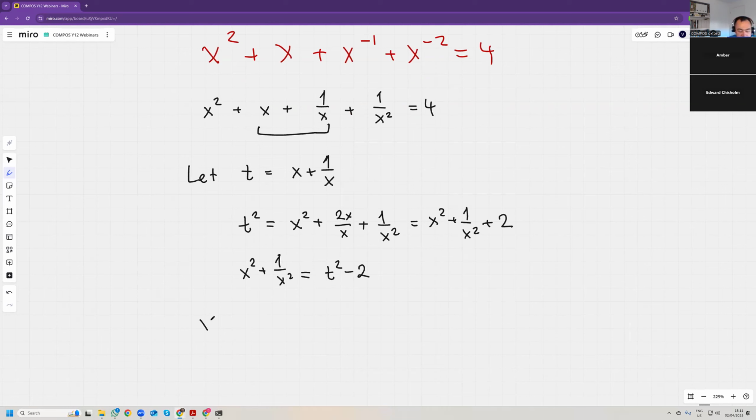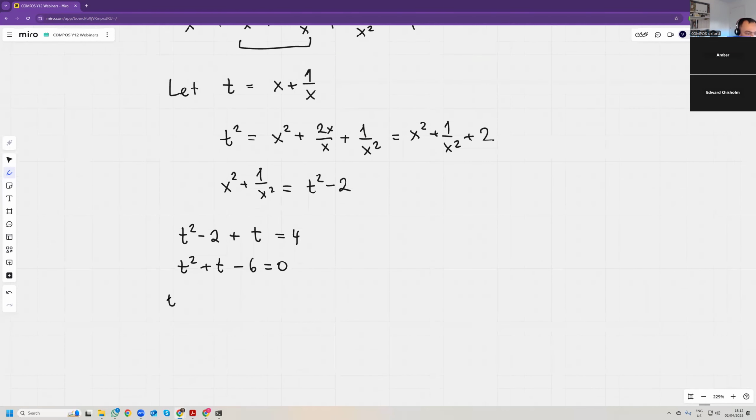So we have t squared minus 2 plus t equals 4, and that's t squared plus t minus 6 equals 0, (t minus 2)(t plus 3) equals 0, so t is 2, or t is negative 3.